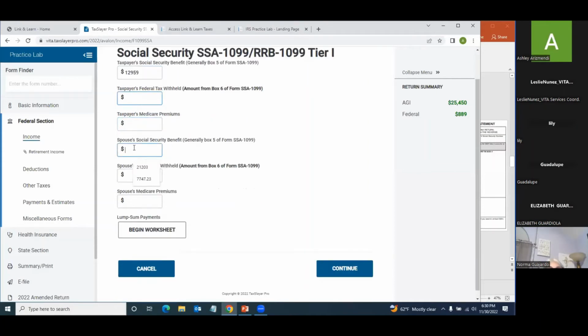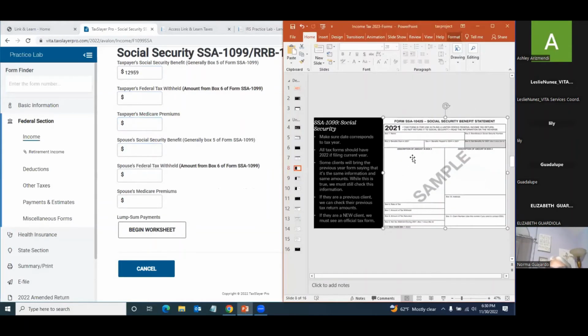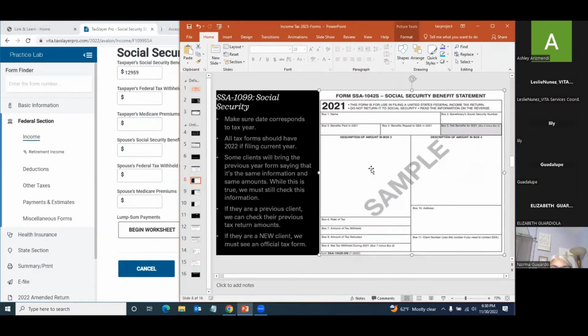Now, if it was the spouse, we would be putting the spouse information here and the federal withholding. Now, if they had Medicare benefits in the description of amount, you could see it on this form, right on this part. Can you make it bigger? Yes, that way you can show box 5 and 6, so they know what numbers go where. Okay, this is box 5.